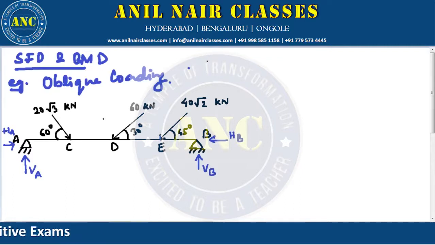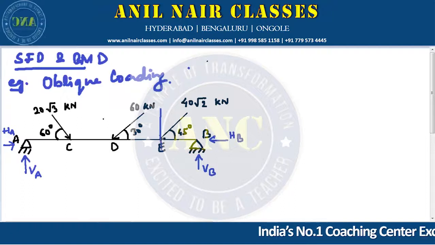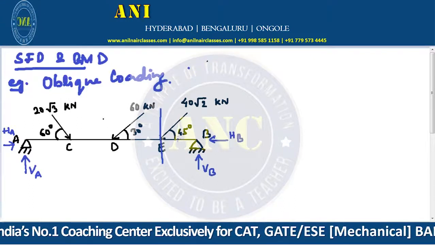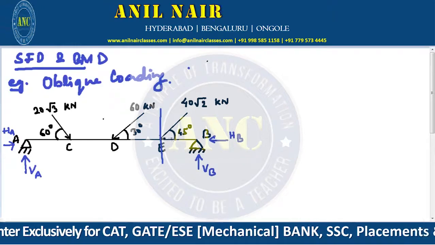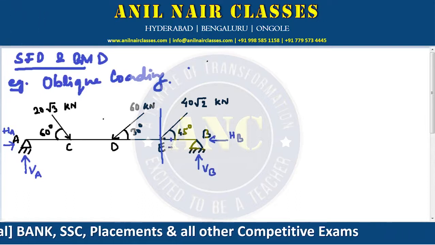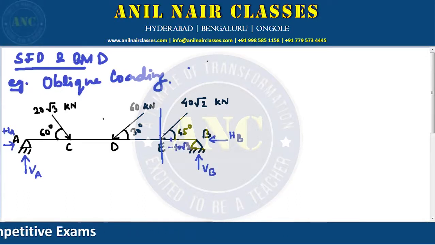It means there will be two component forces. Now if you see here, this force is going down. So in this case, this will be minus 40 root 2 because this is going down, correct?